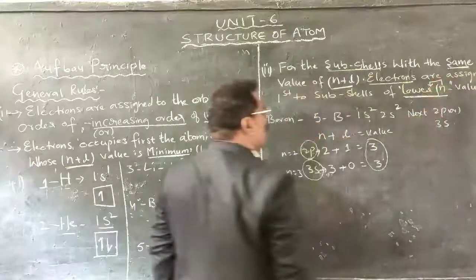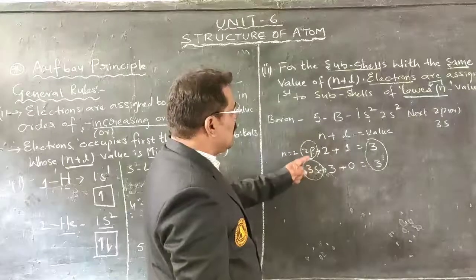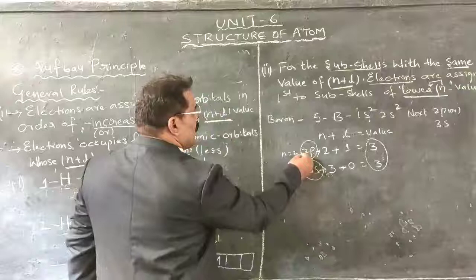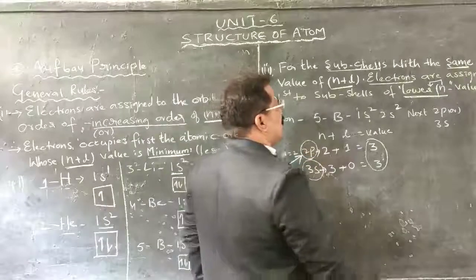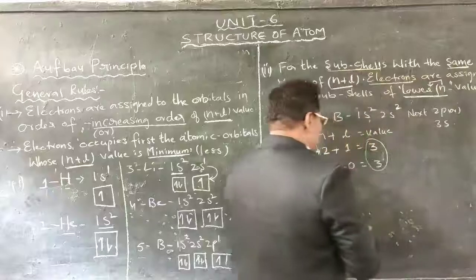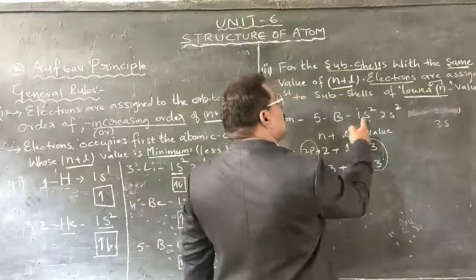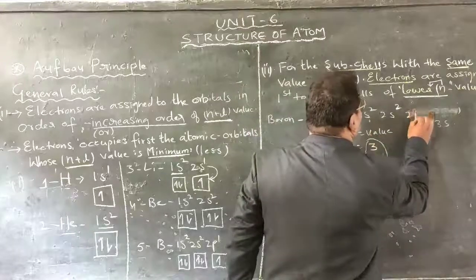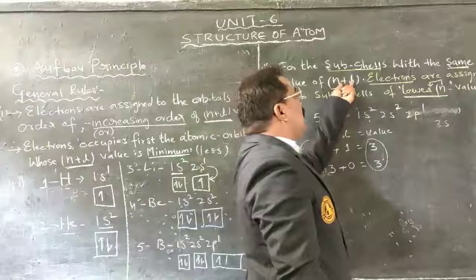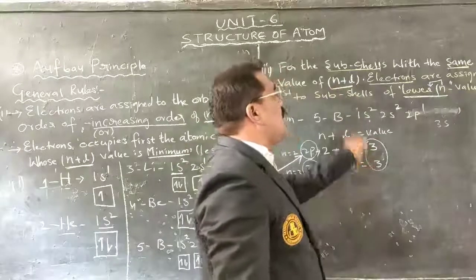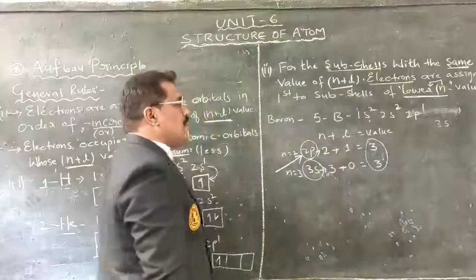It is 3s and 2p, so the electron will occupy the 2p orbital. Therefore, the electronic configuration of boron can be written as 1s2 2s2 2p1. In that way, when the n plus l value remains the same, the one with lower n will be occupied first.